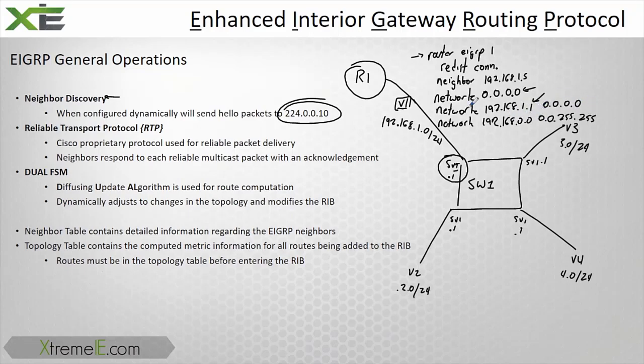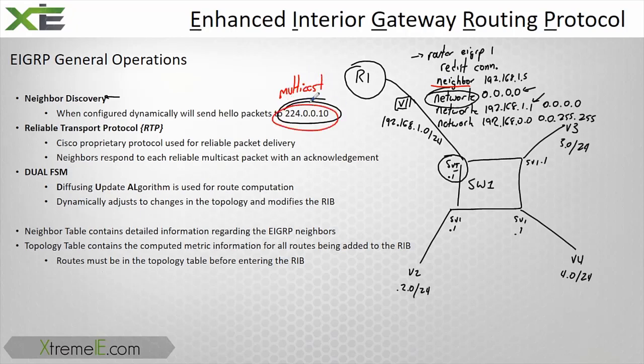So this reads, I want you to activate the EIGRP process on any interface that matches 192.168.I don't care, which essentially is the same as network all zeros and essentially enabling it everywhere. Once you enter the network statement on a particular interface, once your addressing scheme is in your network statement, and by the way, even if you're doing a unicast neighborship, by default, EIGRP is a multicast protocol.